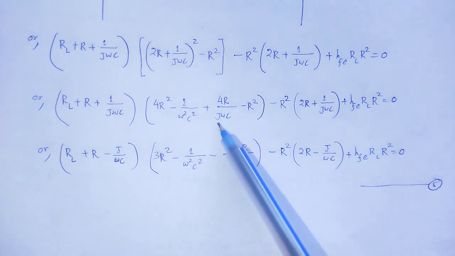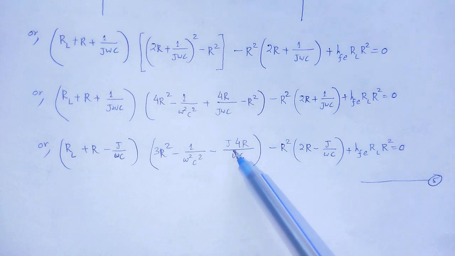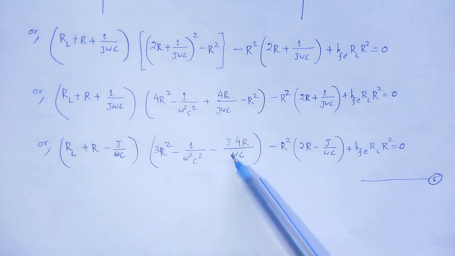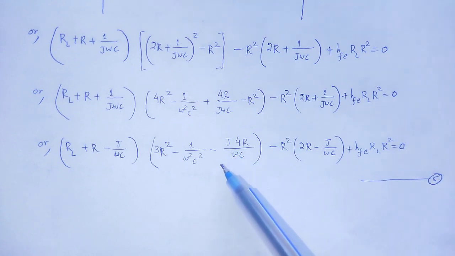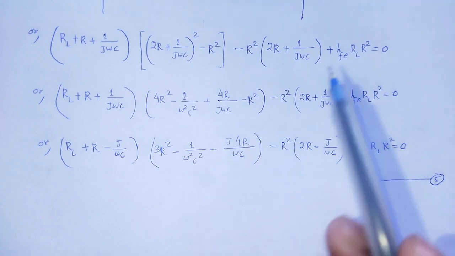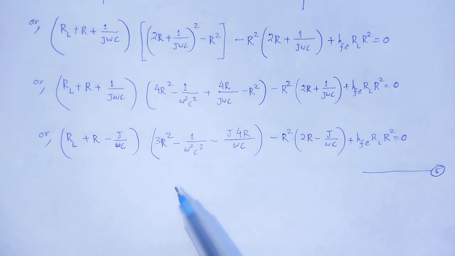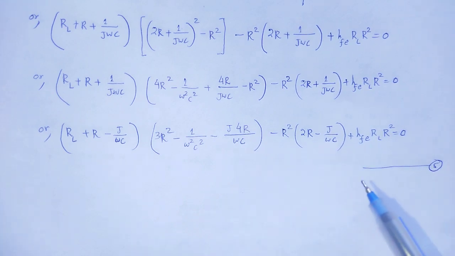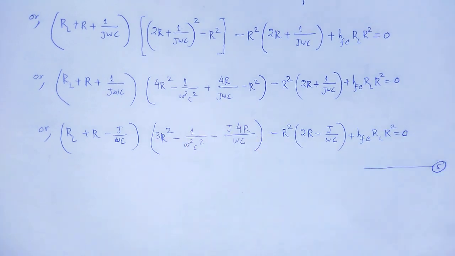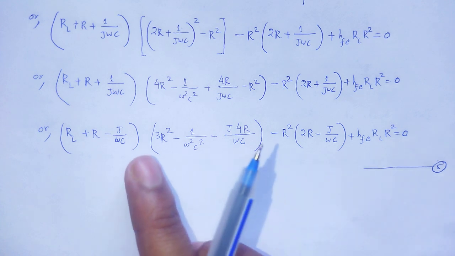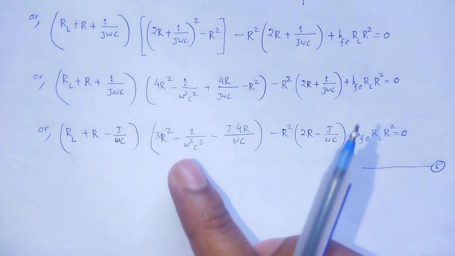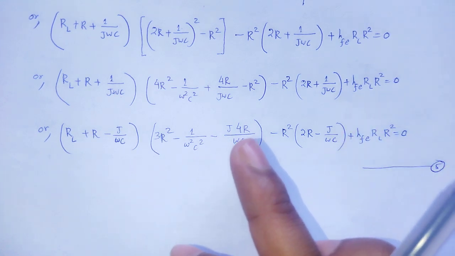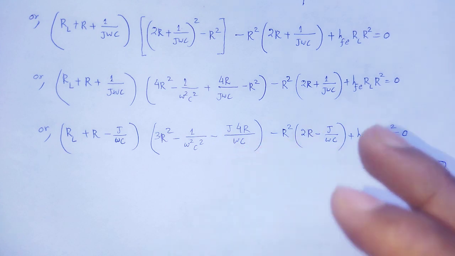Here again 1 by j omega c is minus j by omega c. We have equation number 5. From equation number 5, we can equate the real parts as well as imaginary parts to 0.